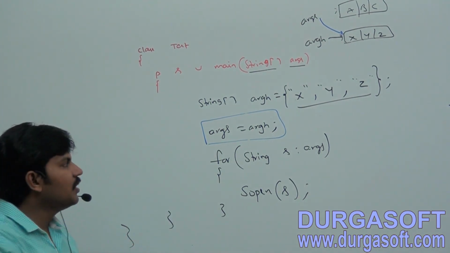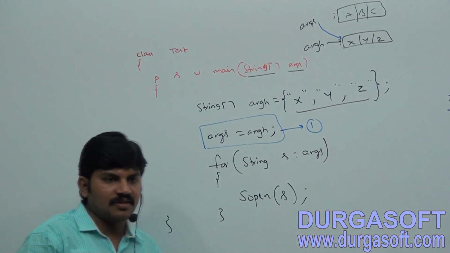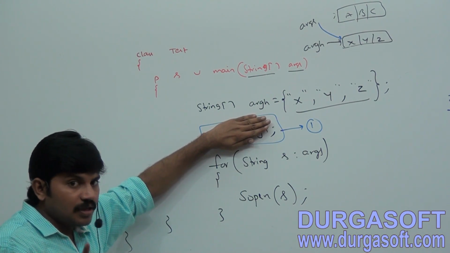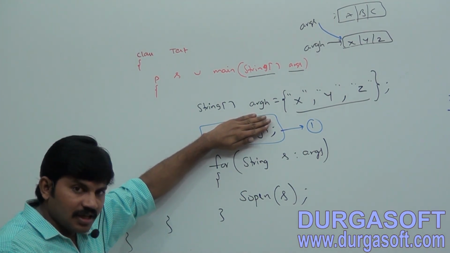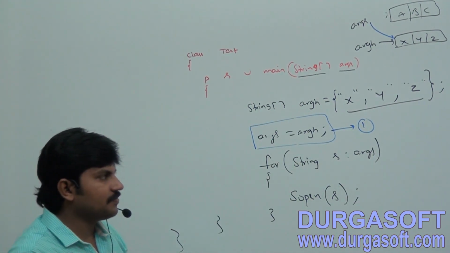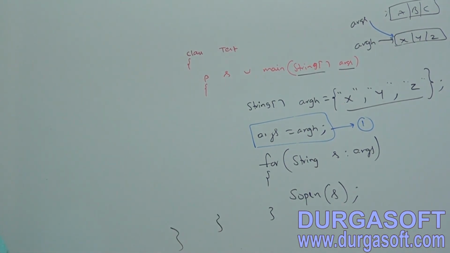Suppose this line were not there. Can you tell what the answer is in the first case? ABC. Second case? AB. Third case, nothing, no output, right? Okay, take this example clearly, this code followed by that.